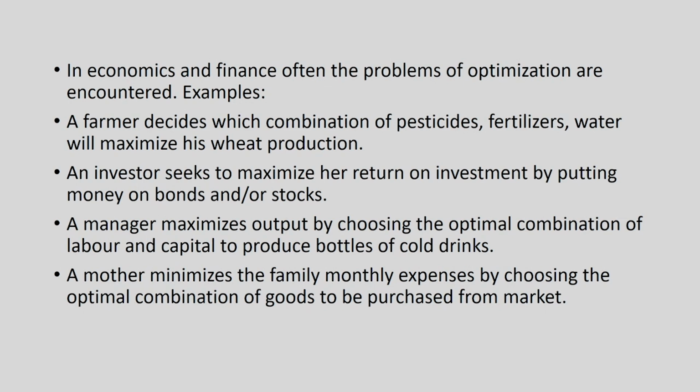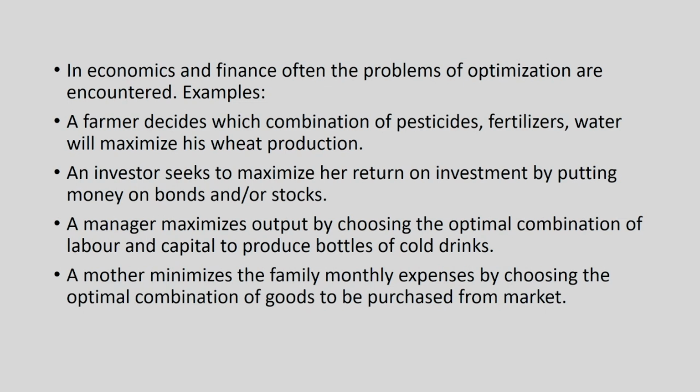These inputs could be pesticides, fertilizer, water. It could additionally be labor and other inputs also. Now the question is, what is the amount of use of these different inputs that will maximize the wheat production, which he wants to do? So this is one example.